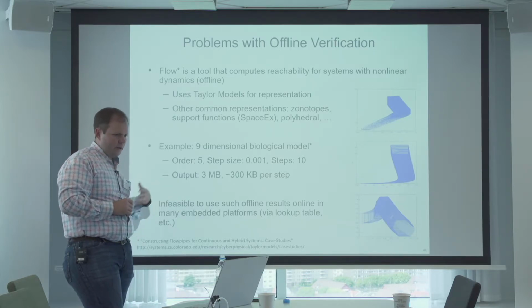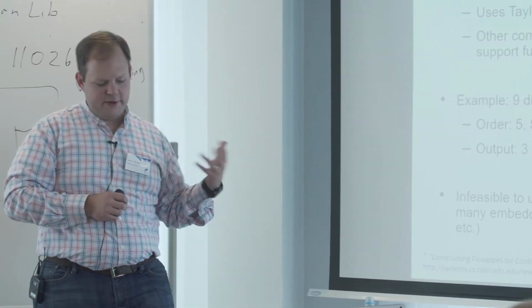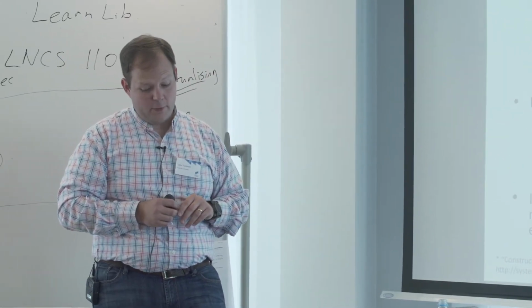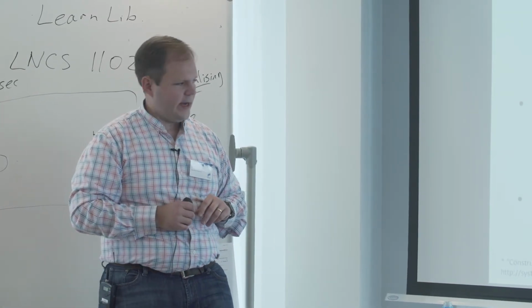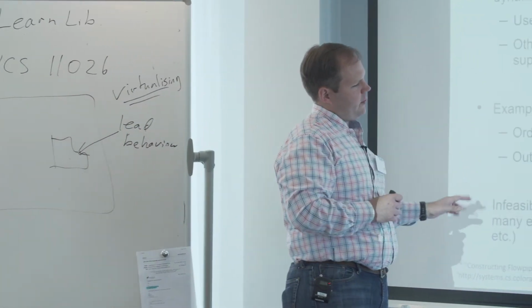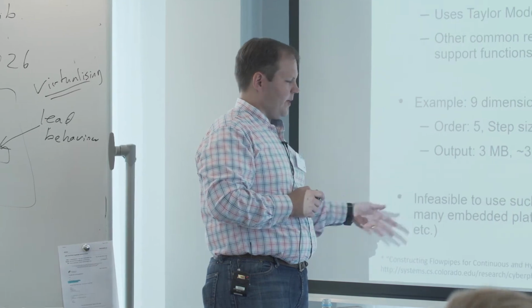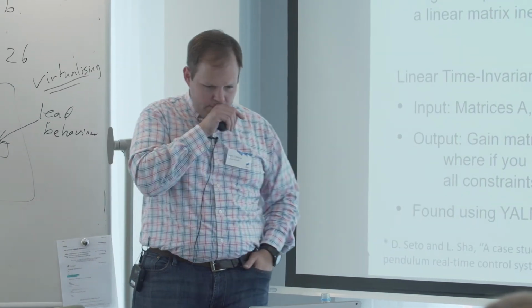So if we were to try to encode all of this in an embedded platform via lookup table or some other way, to check whether the state we've currently sensed falls into one of these sets or not, it'd be difficult. Obviously, memory constraints are always decreasing, but still a bit of an issue.